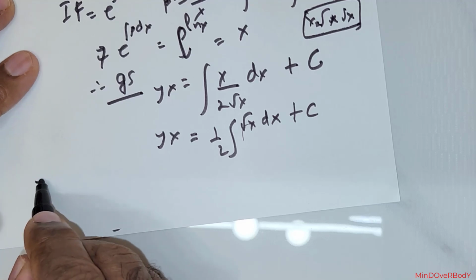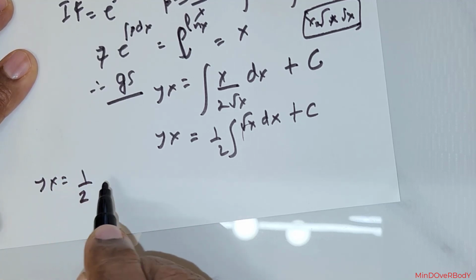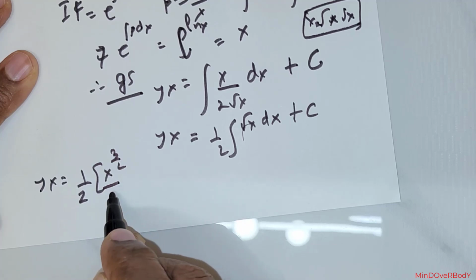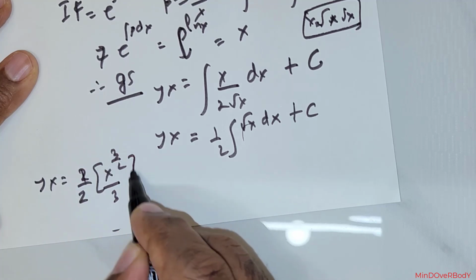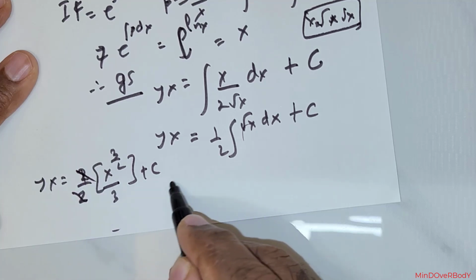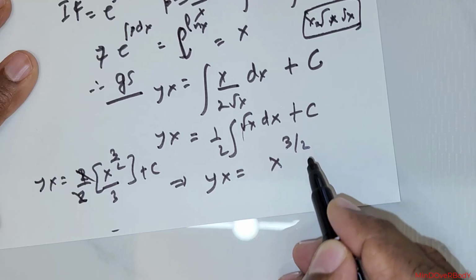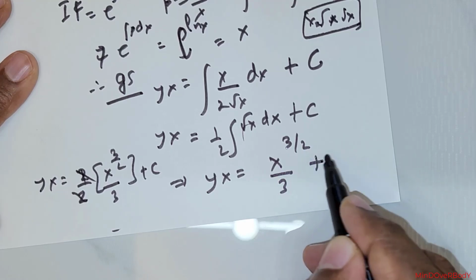Now if you were to integrate this, y times x is equal to 1 over 2, you get x raised to the power of 3 over 2 divided by 3 over 2. So the 2 gets cancelled, giving me y times x is equal to x raised to the power of 3 over 2 divided by 3 plus c.